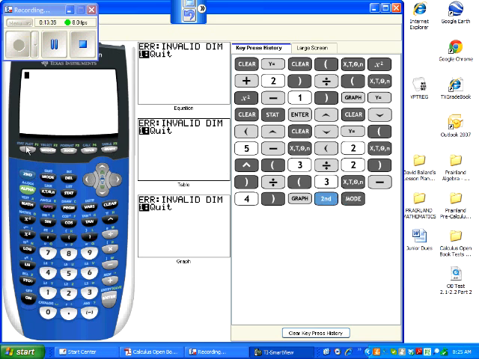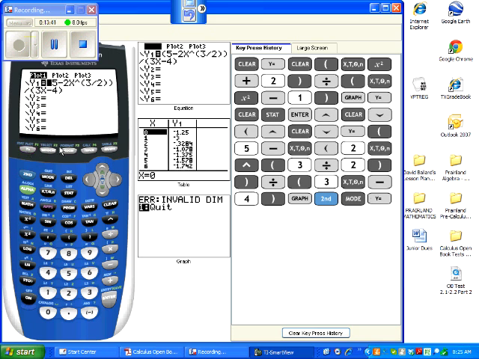Domain error. Second quit, y equal 5 minus 2x to the 3 over 2 divided by open 3x minus 4. So we didn't get a graph out of that either, did we? So anyway, having a little trouble even getting a graph from that because of some domain errors.